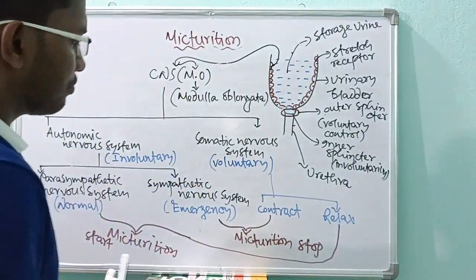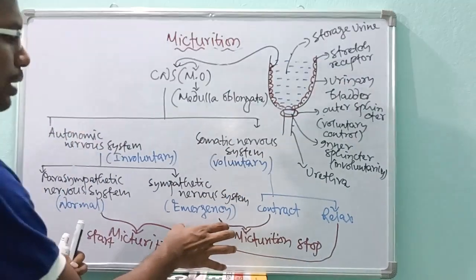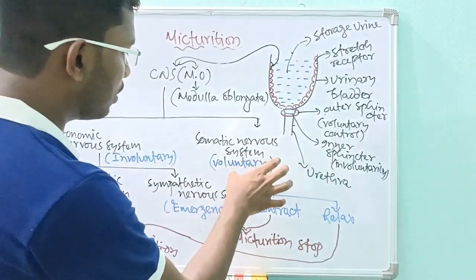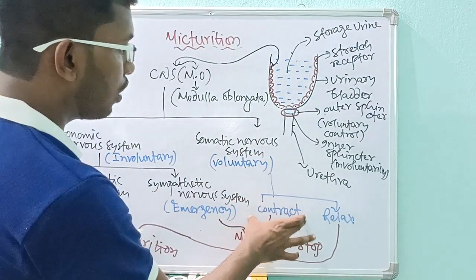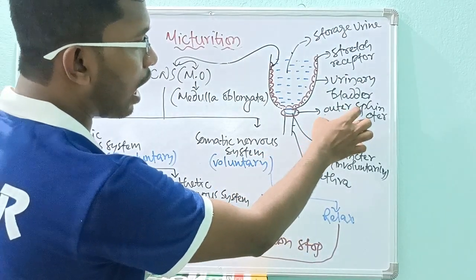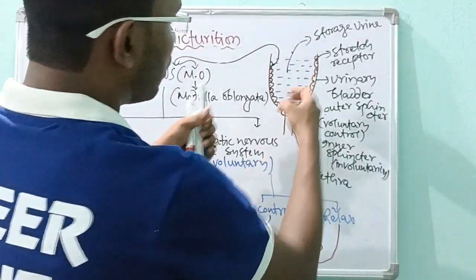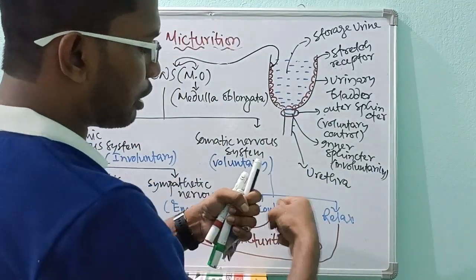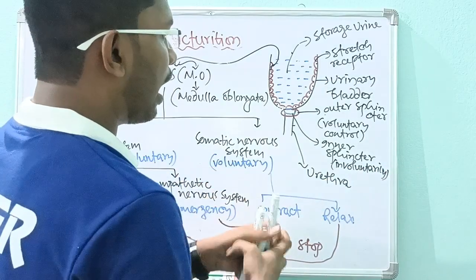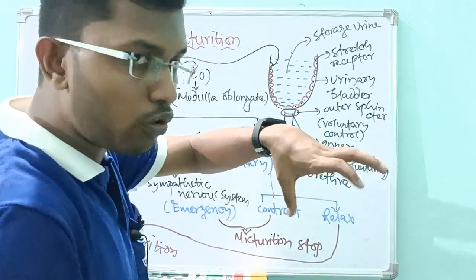So the sympathetic nervous system and the somatic nervous system contract the outer sphincter, and at that time you can see that the urinary bladder extends its size and the outer sphincter tries to close it.